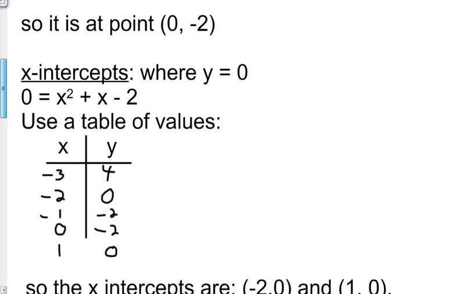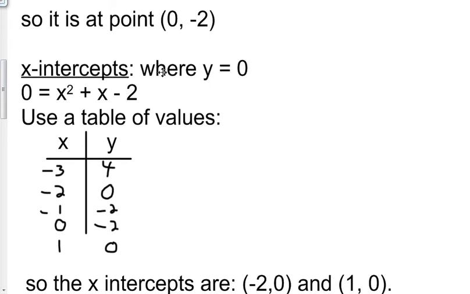X-intercepts. I can find the x-intercepts using a table of values. I have my x and my y. Where my x is negative 3, I need to figure out what my y is going to be. I can do this by plugging negative 3 into my equation. So y is equal to negative 3 squared, that's 9, minus 3, that gives me 6, minus 2, gives me 4.